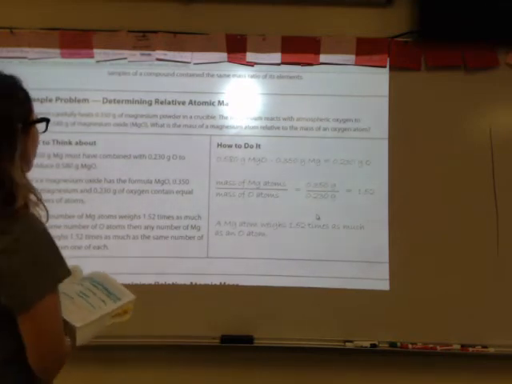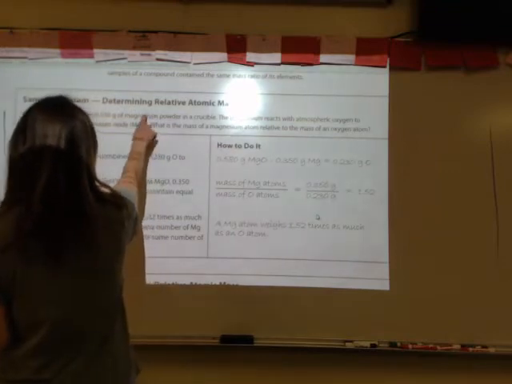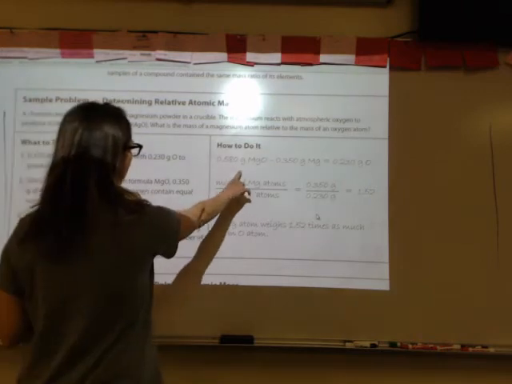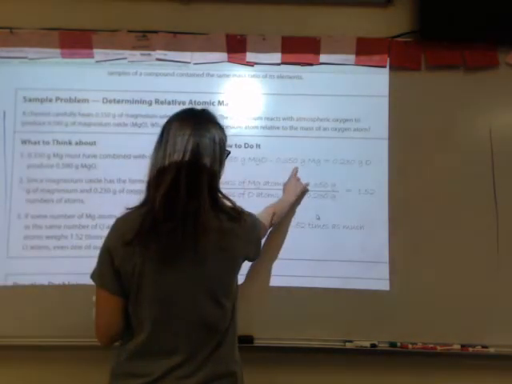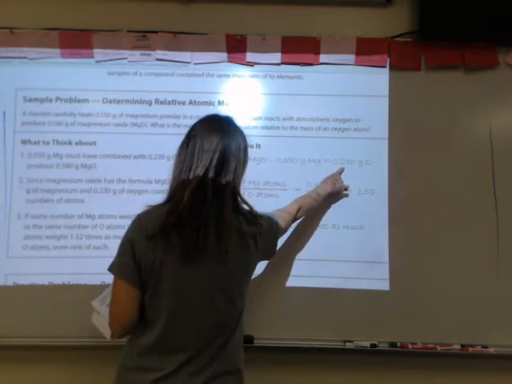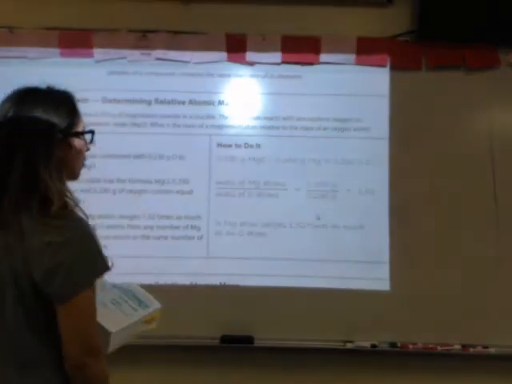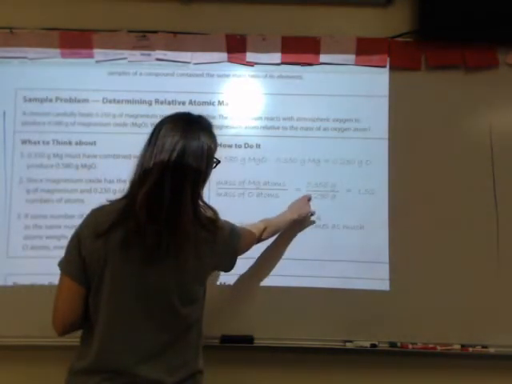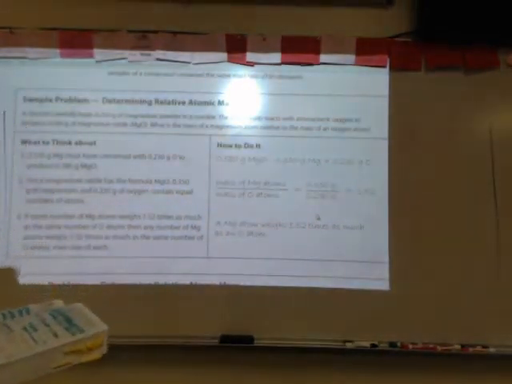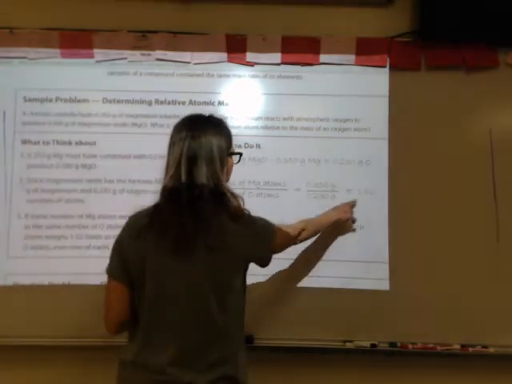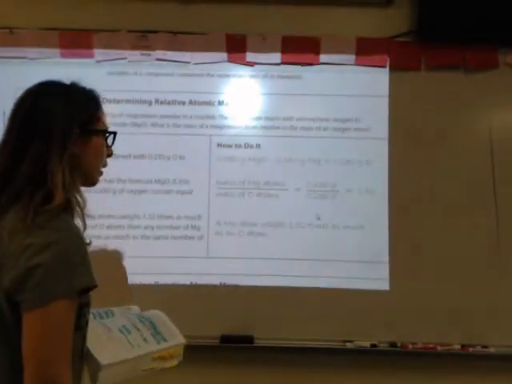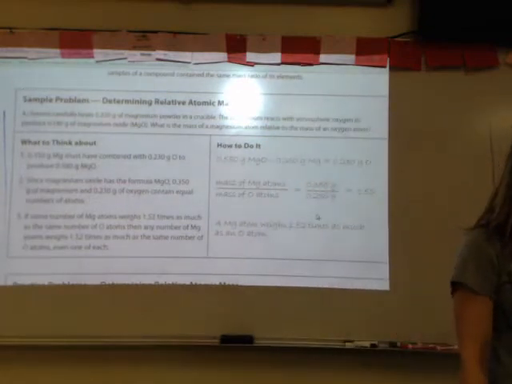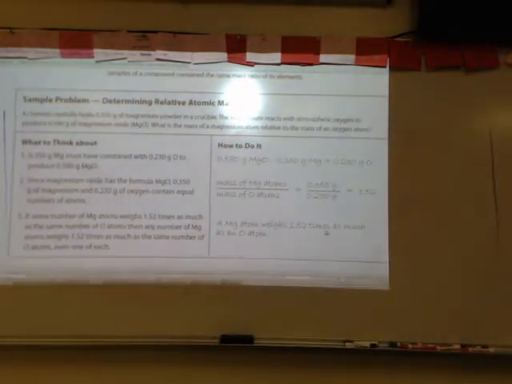If I subtract the mass of the magnesium from the mass of the compound, it will give me the mass of oxygen. So to get the mass ratio of magnesium to oxygen, magnesium is 0.35 grams, oxygen was 0.23 grams. When I divide it, I get 1.52. What that tells me is magnesium atoms weigh 1.52 times as much as oxygen.